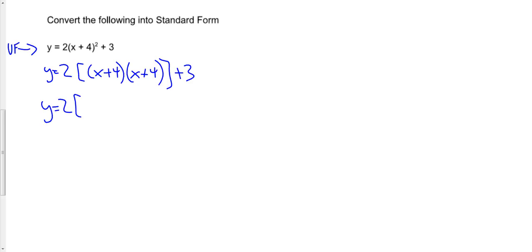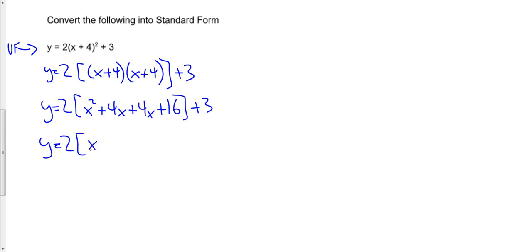We'll do x times x for x squared, x times positive 4 for positive 4x, 4 times x gives us another positive 4x, and 4 times 4 gives us positive 16. And again, plus 3. Let's collect our like terms in the middle. We end up with x squared plus 8x plus 16, and then plus 3 at the end.